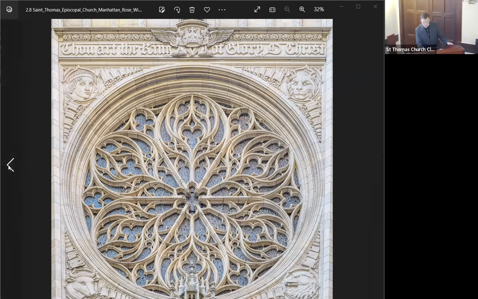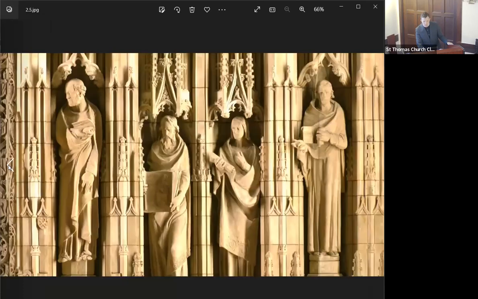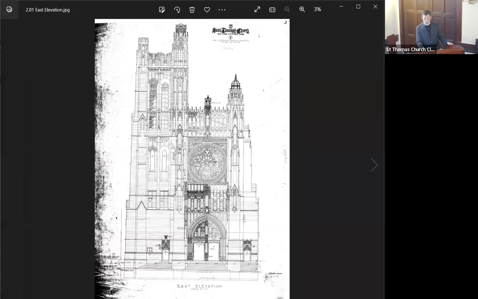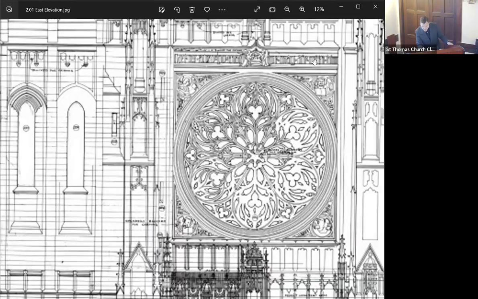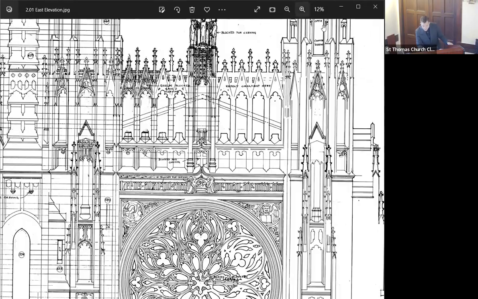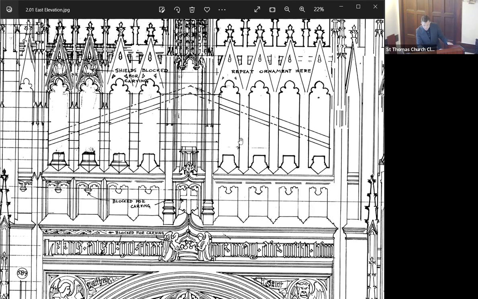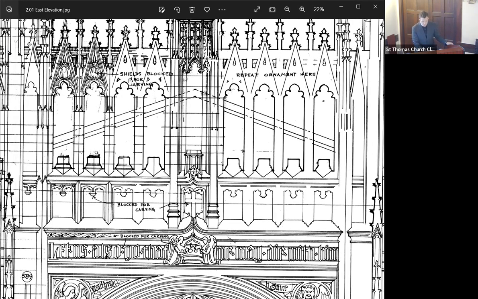So the contrast was one of the most vivid of contrasts between the drawing and what we see. The drawing is so vague that it really allows the designer to fill in whatever they like. For example, shields blocked for carving, it says. Repeat the ornament here, and then it just has blank spaces for statues inside the archways.